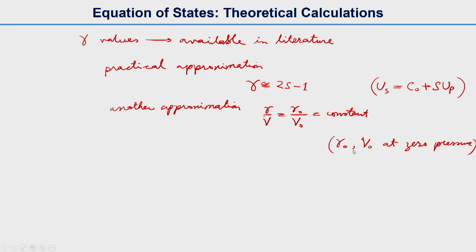So this can also sometimes be useful, and this gamma is actually assumed to be a function of volume. So this is what we talked about for the Gruneisen equation of state.